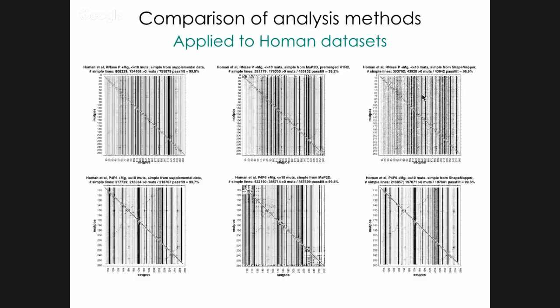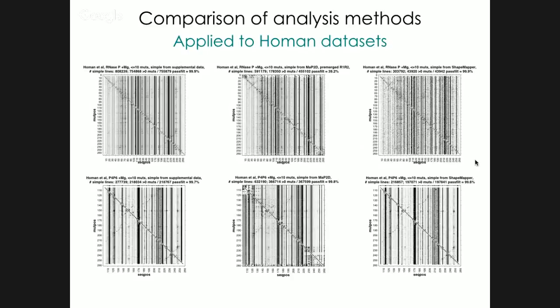And then I also ran shape mapper on both of these data sets. You can see that the map2D analysis of the RNA-seq fastqs actually looks pretty similar to the simple file from their supplemental data.